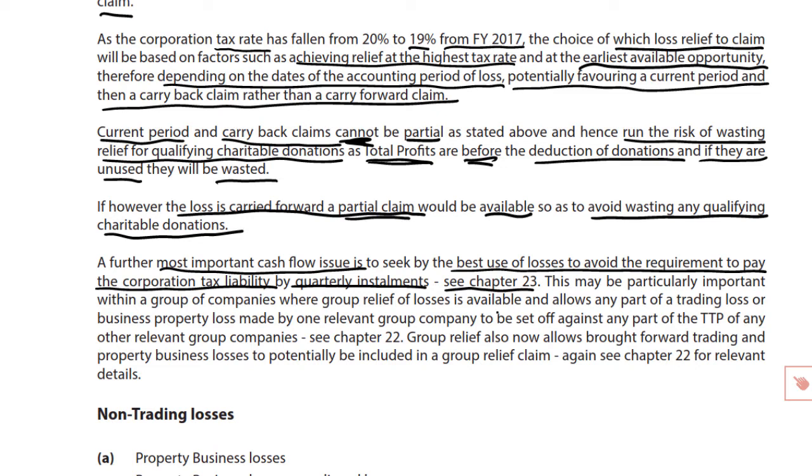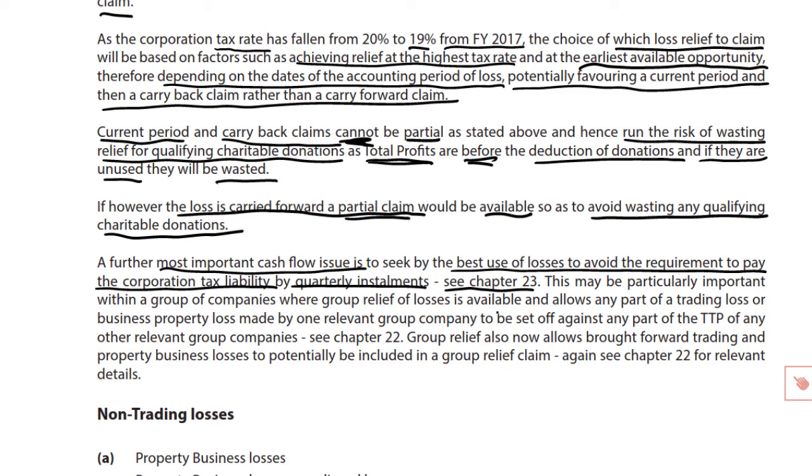As you'll discover in Chapter 23, quarterly instalment payments are likely to start to become payable just over halfway through the current period to which they relate.